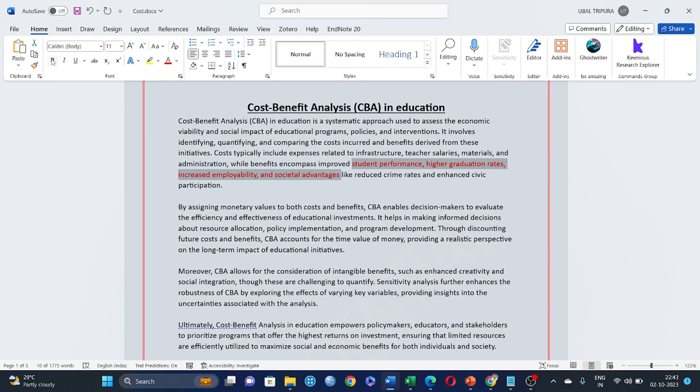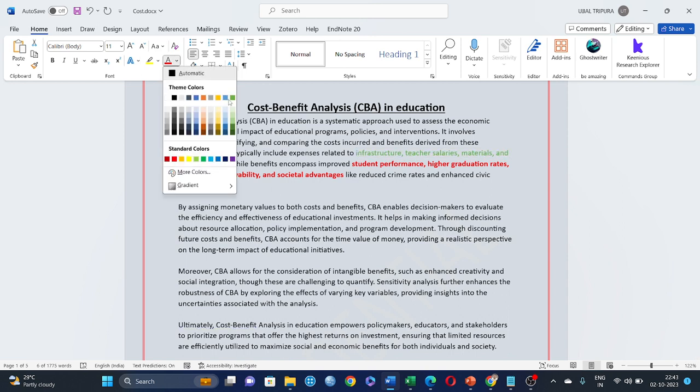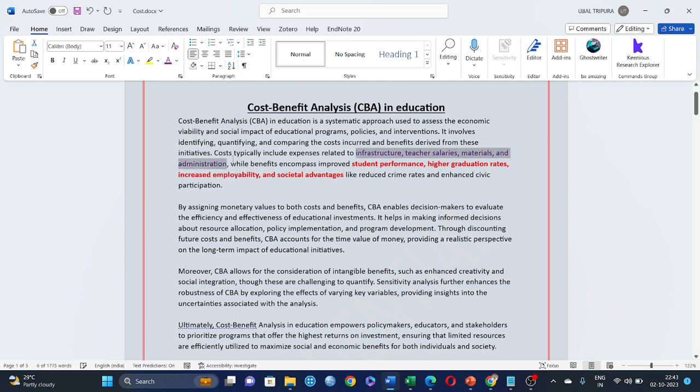I hope you understand this. I will make this clearer: one is cost and another one is benefit.